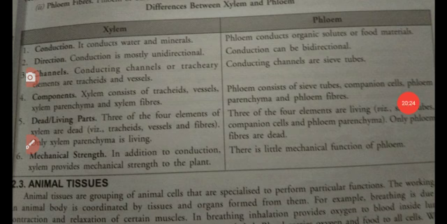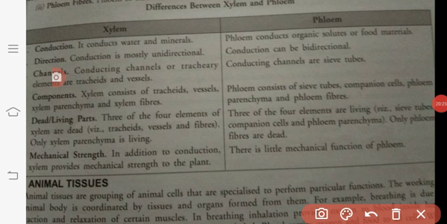Now, what are the differences between xylem and phloem? First, conduction. Xylem conducts water and minerals. Phloem conducts organic solutes or the food materials. Second is direction. In xylem, conduction is unidirectional.